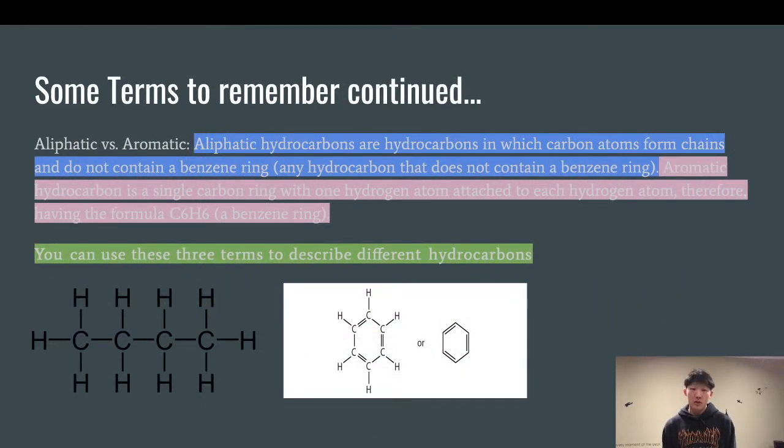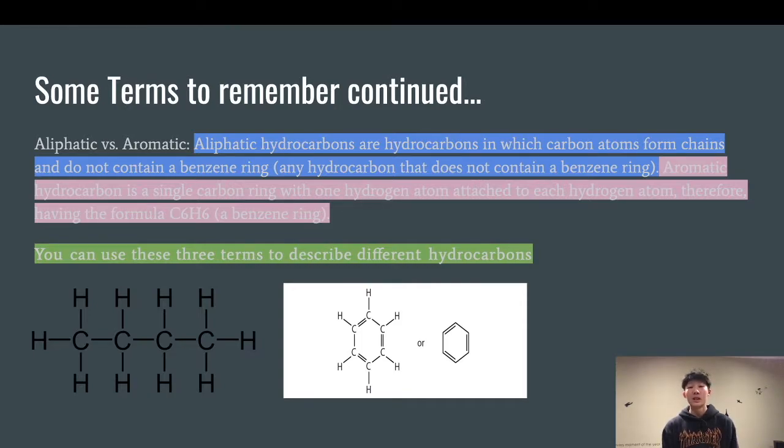So there's one more term that we can use to describe our alkanes. So aliphatic and aromatic. Aliphatic hydrocarbons are hydrocarbons where their carbon atoms just form chains and they don't form any ring or they don't connect to each other in a certain way.